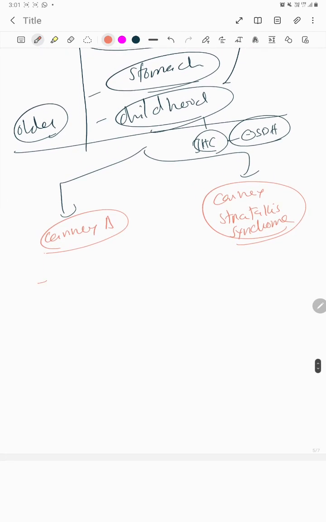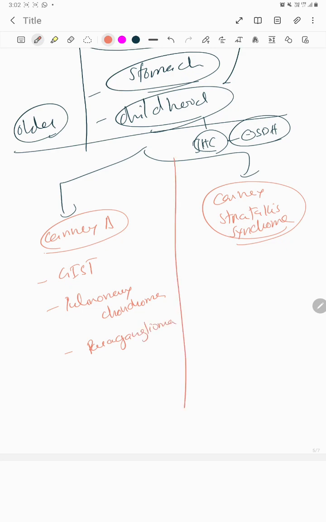So Carney's triad, what is this based upon? It's GIST, pulmonary chondroma, and paragangliomas. Carney-Stratakis syndrome is just GIST with paragangliomas, but the GIST occurring in Carney-Stratakis syndrome is wild type GIST.